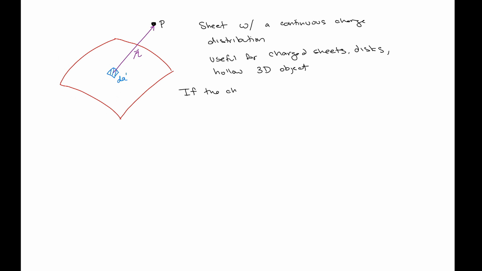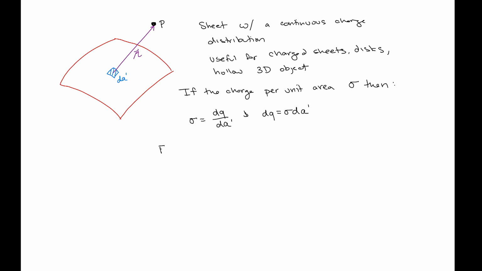If the charge per unit area is known to be sigma, then I have the same kind of relationship I had before. Sigma is really just the little bit of charge on a little bit of area, and that means that my charge dq is equal to sigma times a little bit of area, dA.